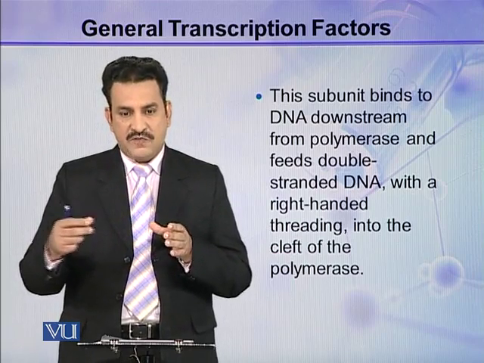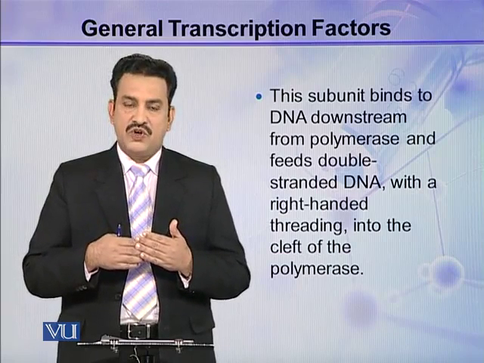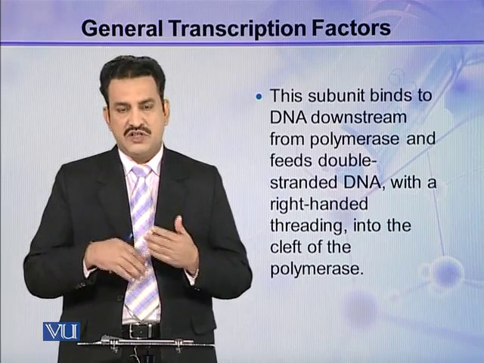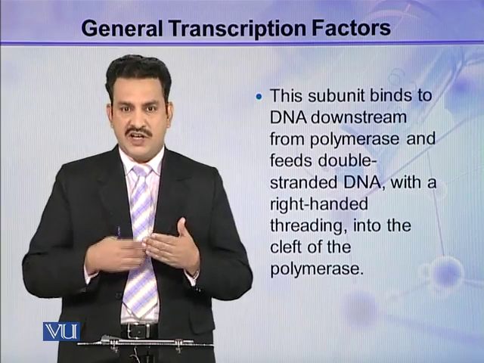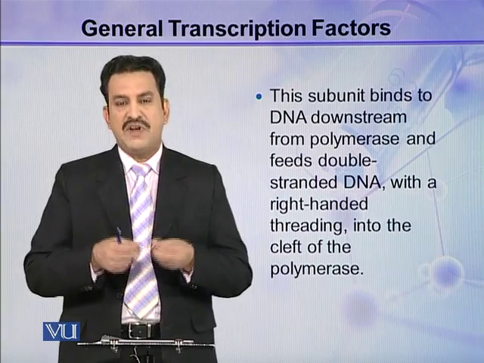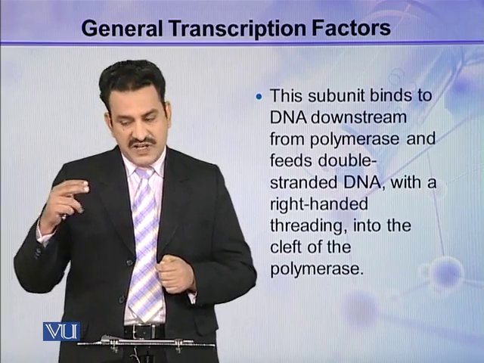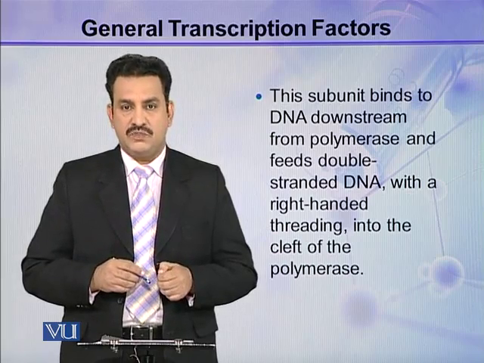So when it feeds the DNA, there is right-handed threading because DNA strands are left-handed coiled. So there is right-handed threading, which means it is opening up the two strands, and then it feeds these two strands into the cleft of the polymerase.